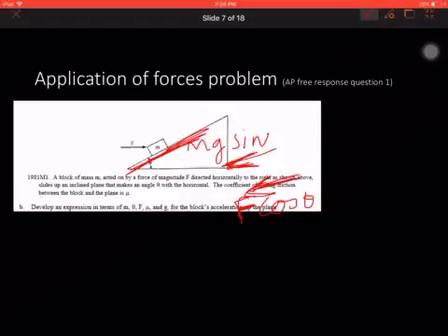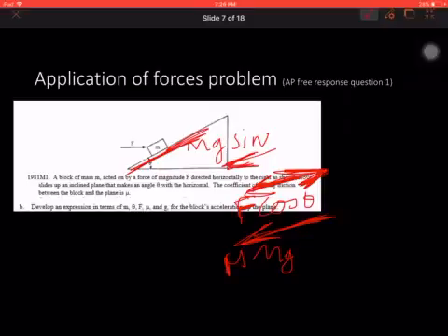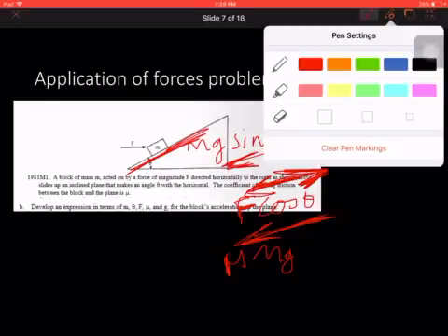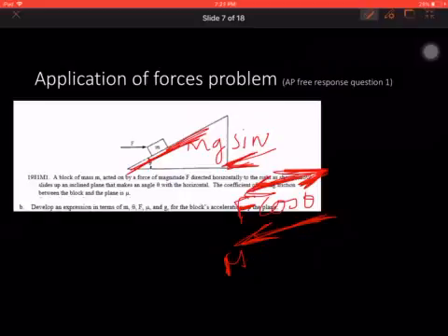And last but not least, we have our friction force, which is going this way. That's mu times the normal force. And what we want here is our ma.